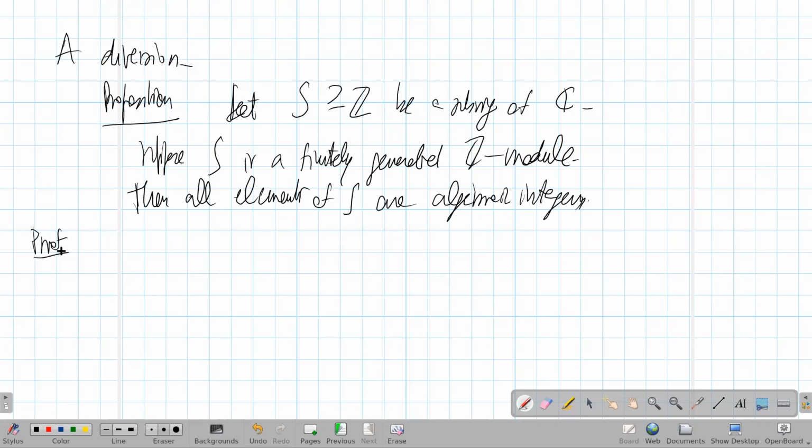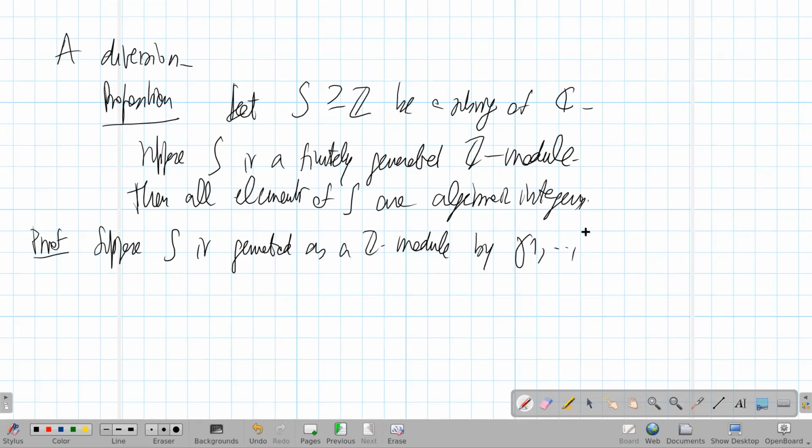So suppose S is generated as a Z-module by elements, let's call them gamma 1 to gamma t.